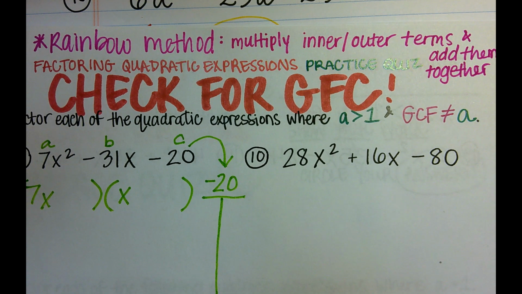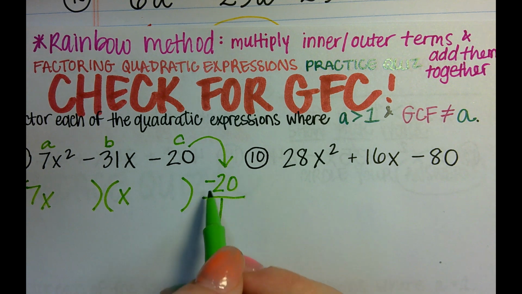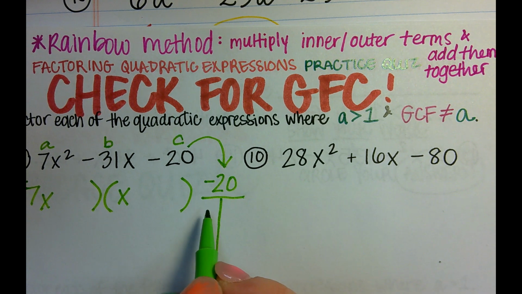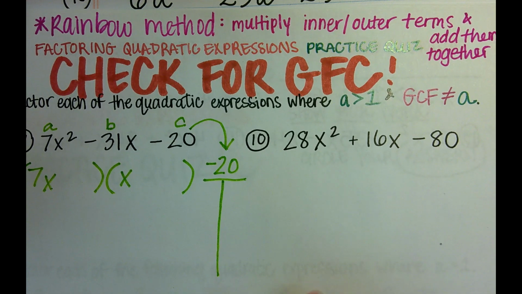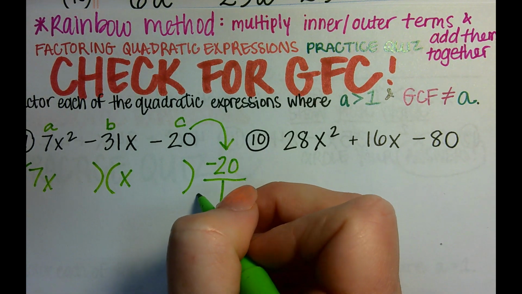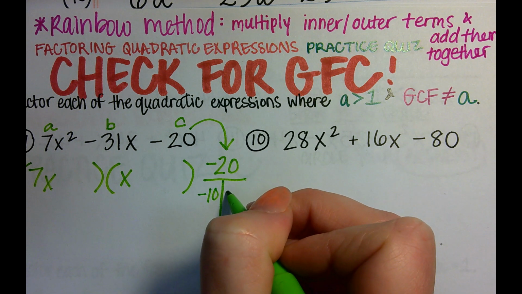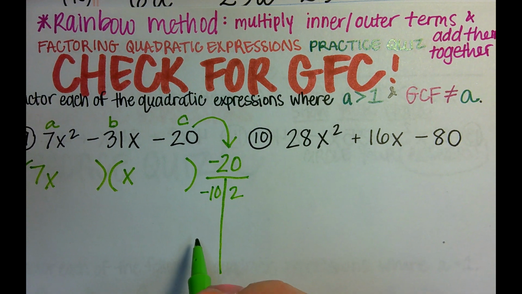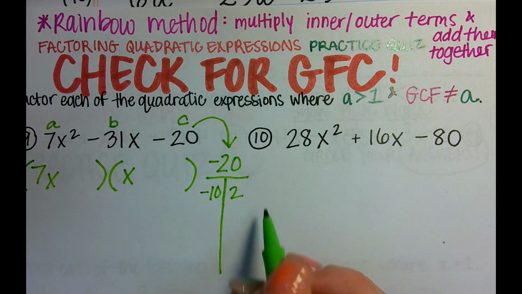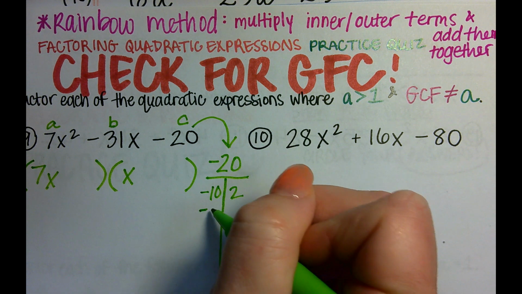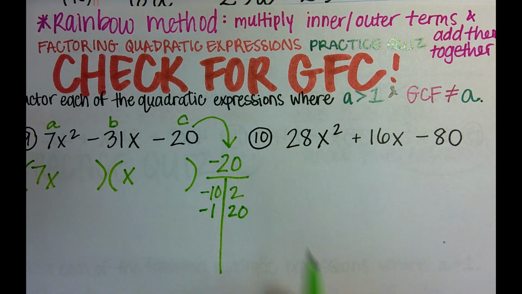Okay, so I'm going to start listing out some of the factors here of -20. We need what signs on our factors? One of each, one positive and one negative, yes. So we could have -10 and 2. We could have -1 and 20.